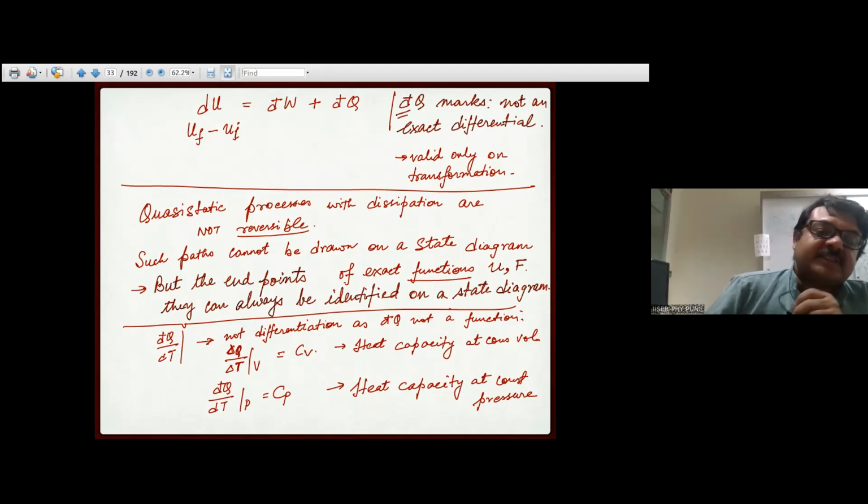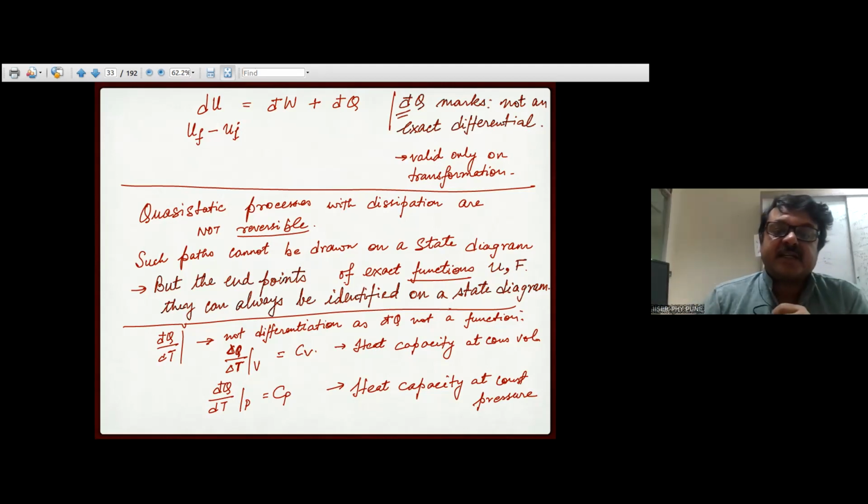But having said that, you can basically define it. If you allow heat exchange under constant volume, then you will have a certain value, the heat capacity at constant volume.